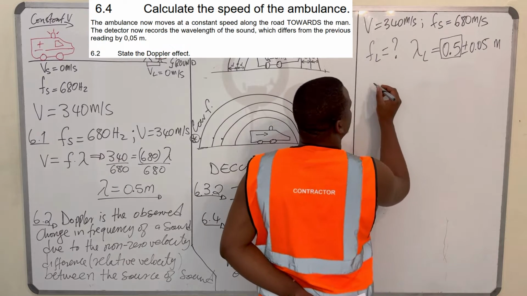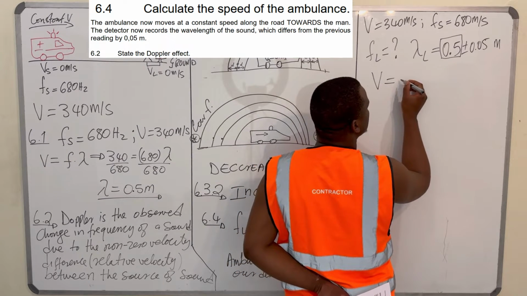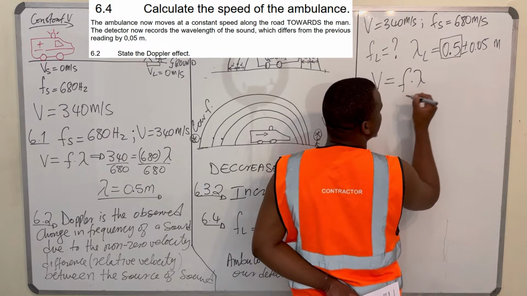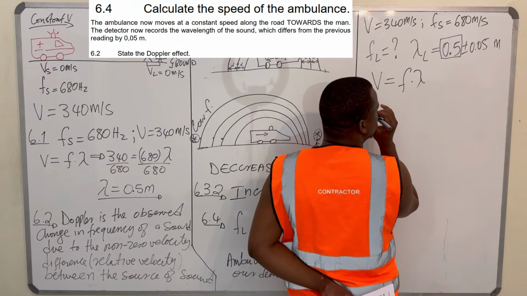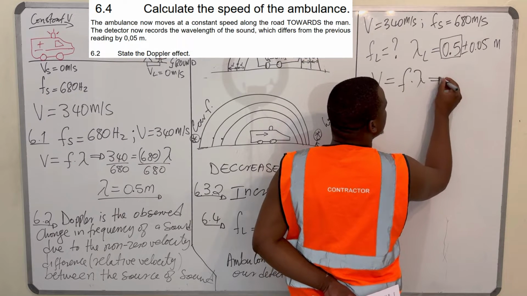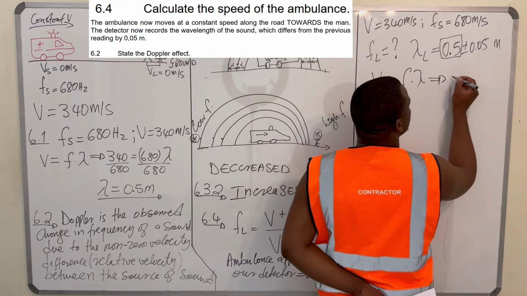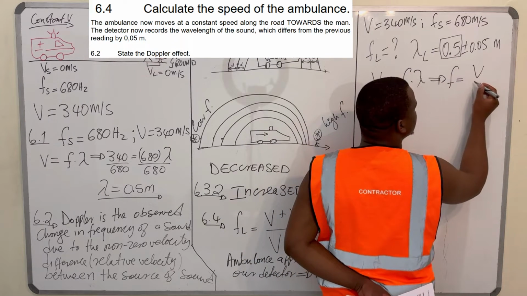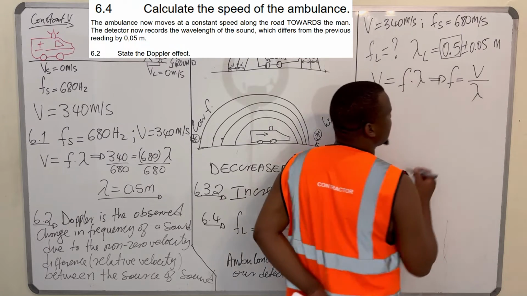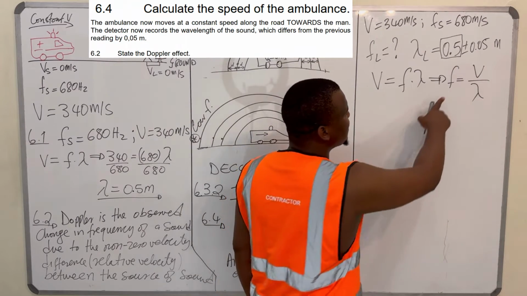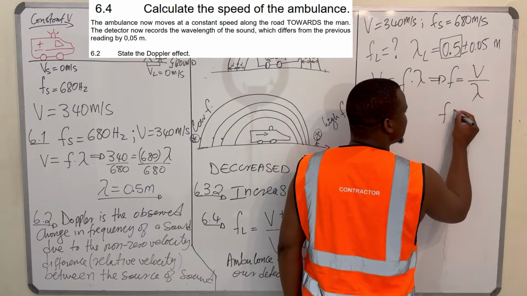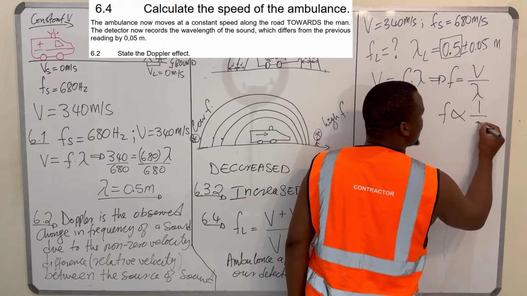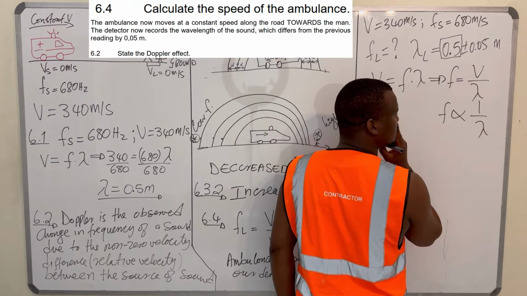We said the speed of sound in air is equal to frequency times the wavelength, right? And if you want your frequency, which is what we want, your frequency is equal to the speed of sound in air divided by the wavelength. So from this, you can see that the frequency is inversely proportional to your wavelength, right?